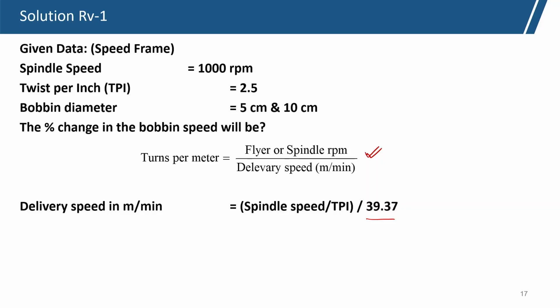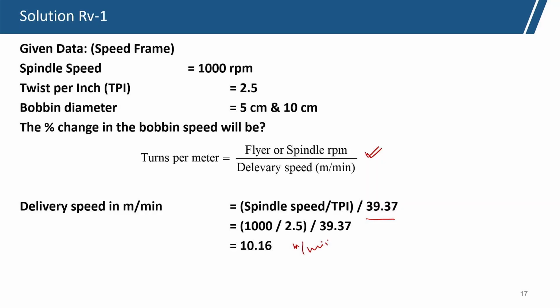So, spindle speed or flare speed is given and TPI is given. So, delivery speed will be 1000 by 2.5 divided by 39.37, it will be 10.16 meter per minute.